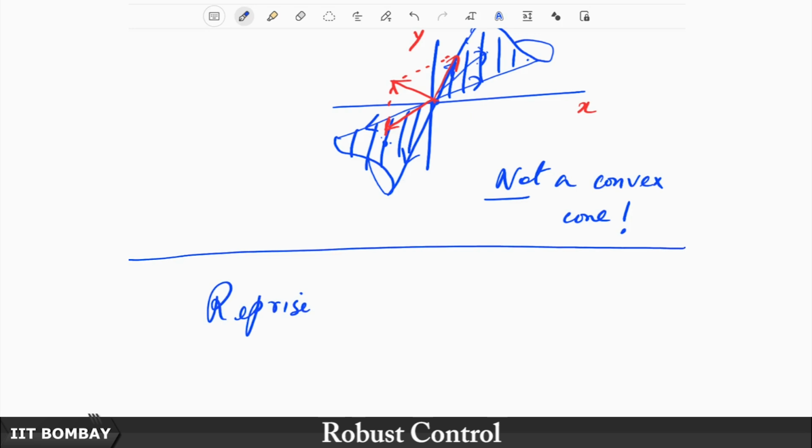So, this is not related to this discussion, but we will use the property of convexity and convince you.